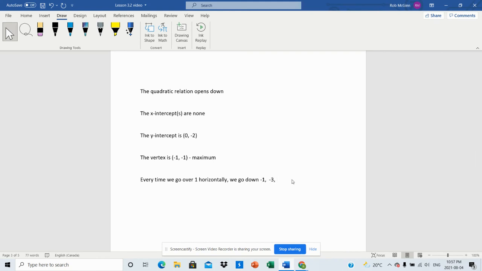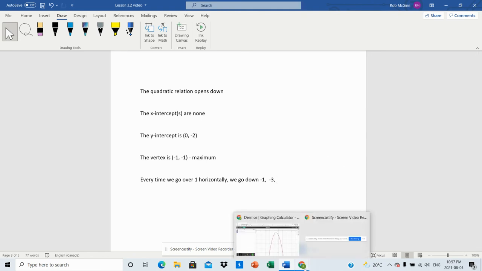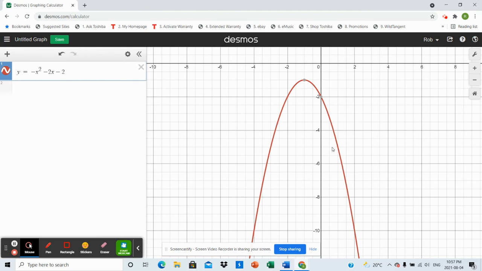And don't worry if you don't have this figured out yet, because we will be talking about it again. So, all right, now what happens if we go over one more? And that point, oh wow, it's down at 2 and minus 10.